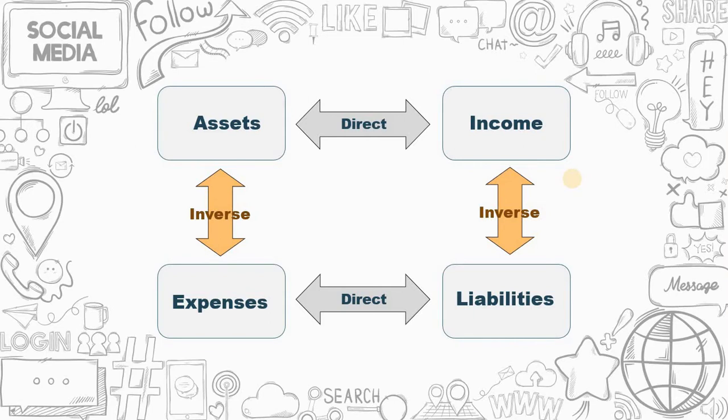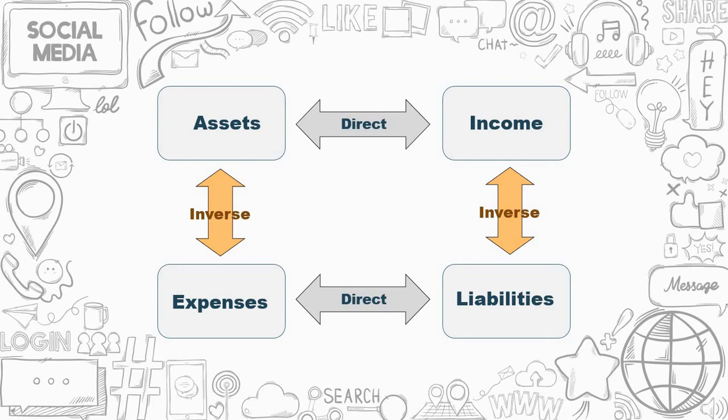Again, based on this analysis, beginning inventory is part of the cost of goods sold. And beginning inventory has a direct relationship with cost of goods sold. That is why if the beginning inventory is higher, the cost of goods sold is also higher. If the beginning inventory is lower, the cost of goods sold is also lower.